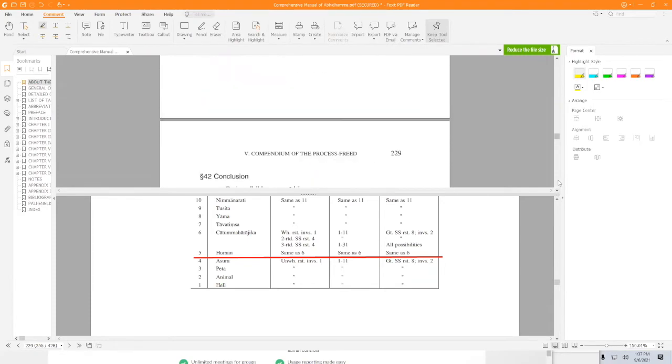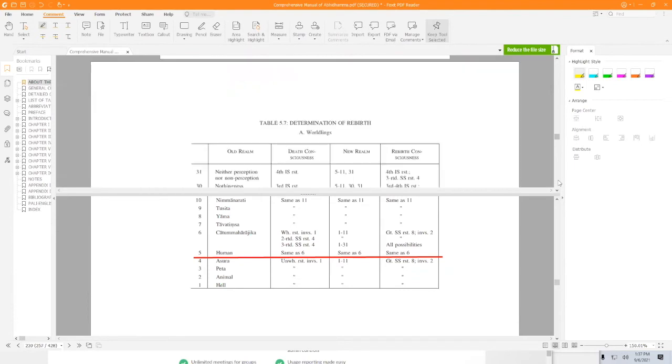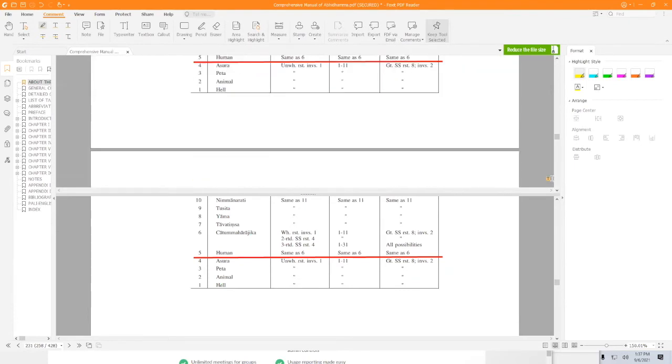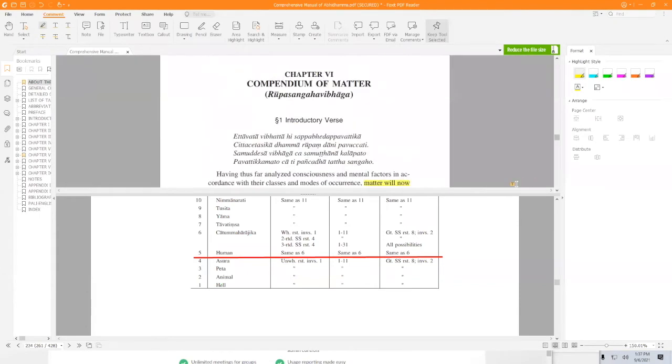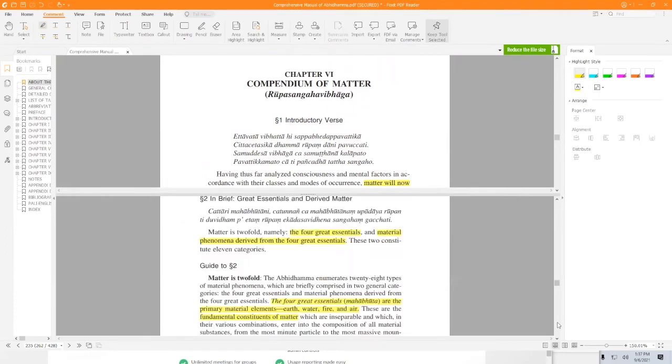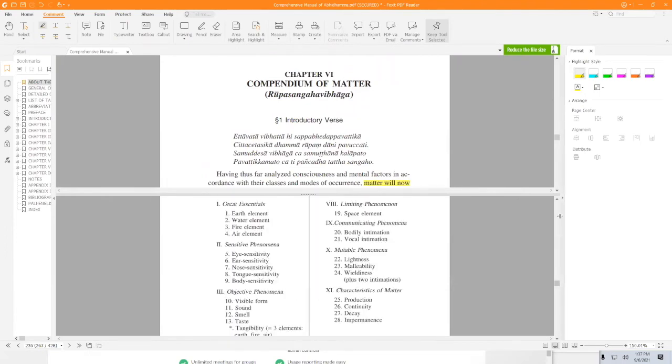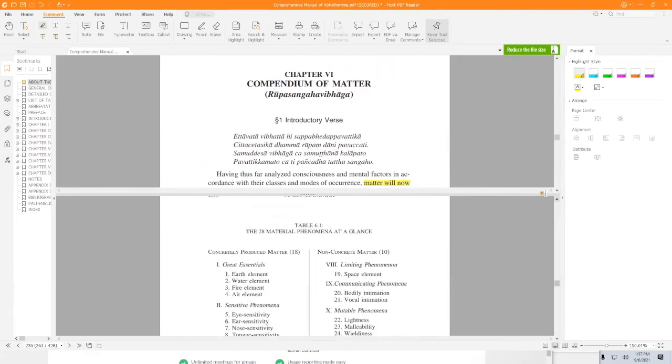Okay. So now we will pass on to the next chapter, and I'll probably have to do this a bit briskly and briefly. This is the chapter on matter, material form, or in Pali, rupa. This is chapter 6 of the Comprehensive Manual, called Rupa Sangaha Vibhaga, the analysis of rupa, material form.